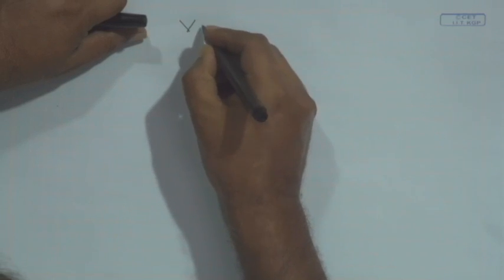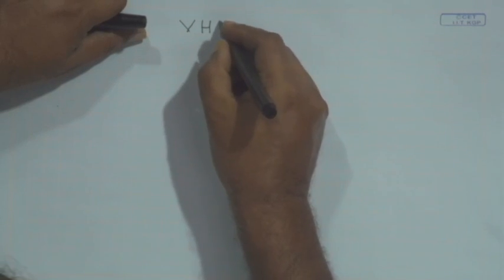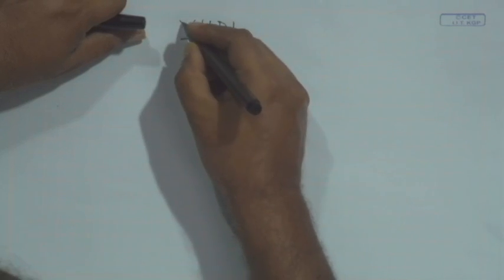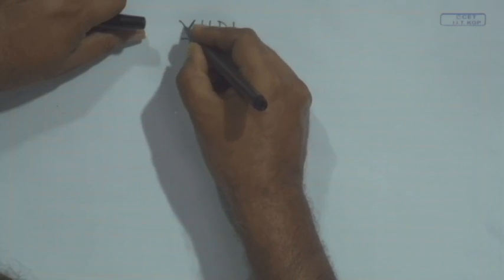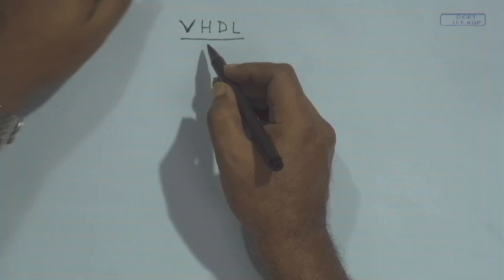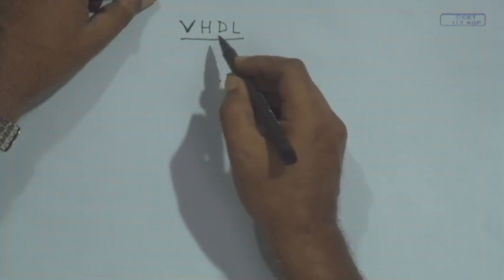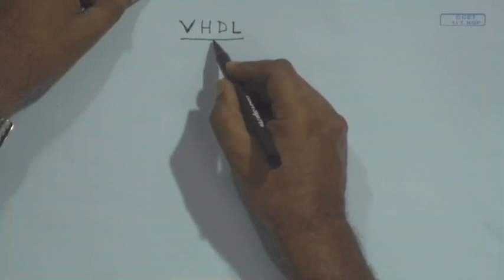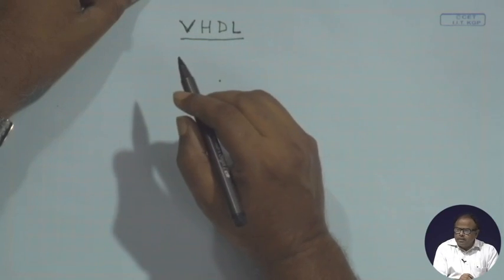So, you know that HDL is hardware description language, and VHDL has been developed for VLSI hardware description, and it can be used for synthesis as well as for simulation.